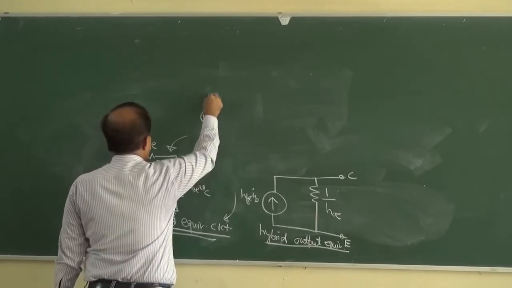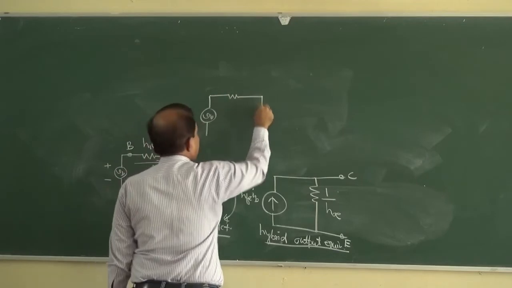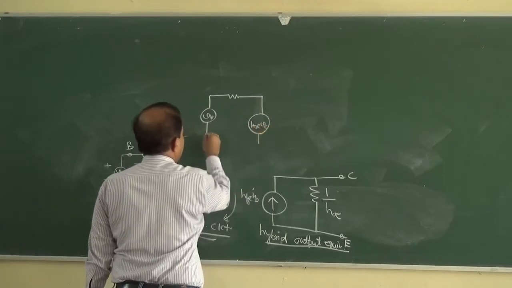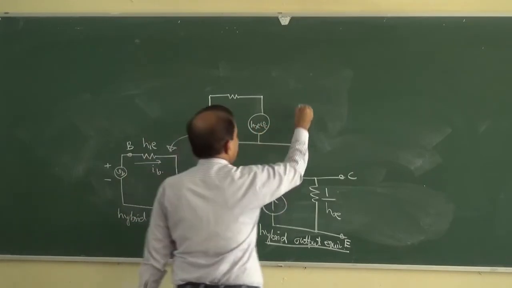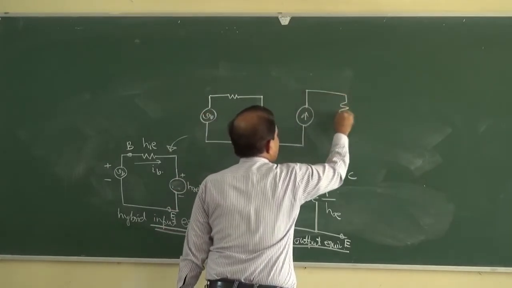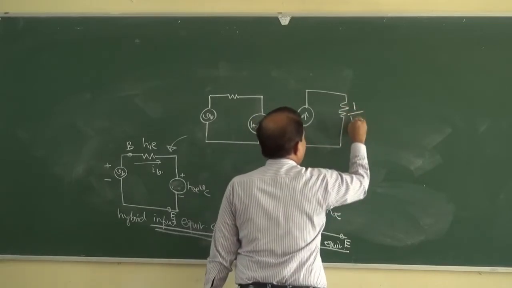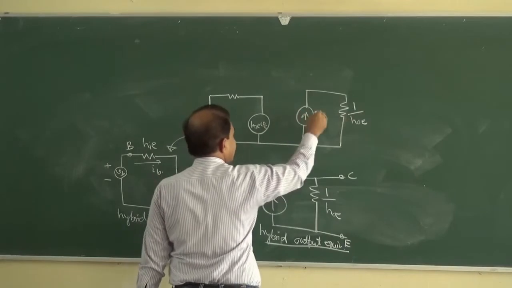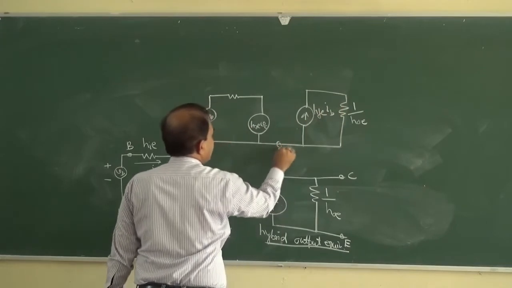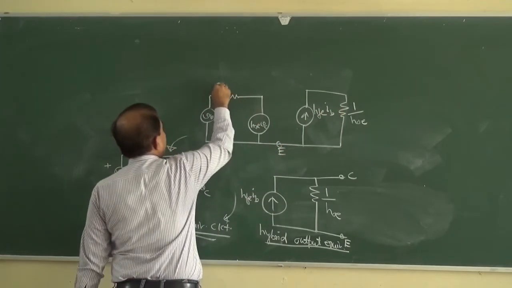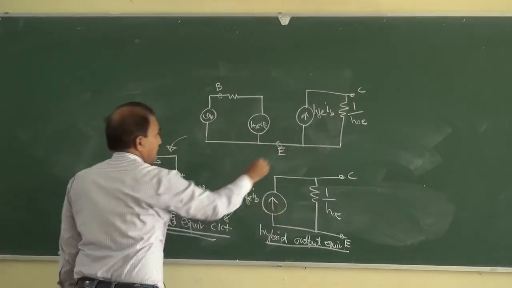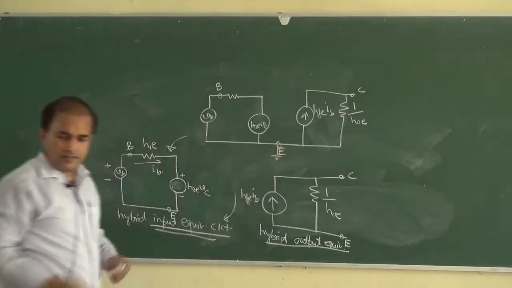This is VB, HRE VC, 1 by HOE, and this is HFE into IB. This is the emitter terminal, this is the base terminal and this is the collector terminal. Suppose this is ground.